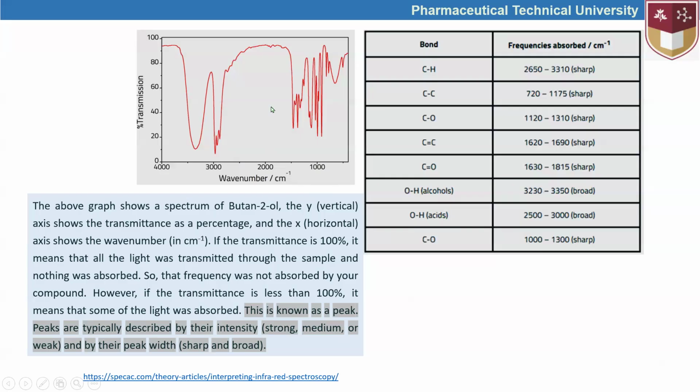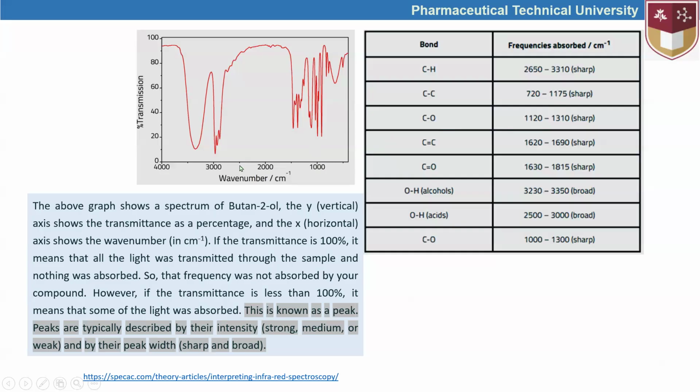Okay, CC bonds can be detected here from 720 to 1175. CO bonds from 1120 to 1310.